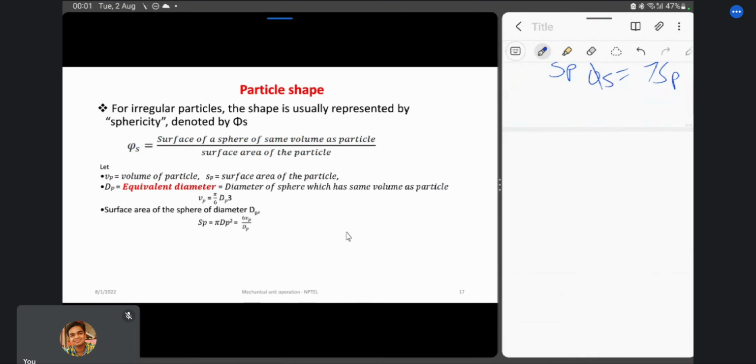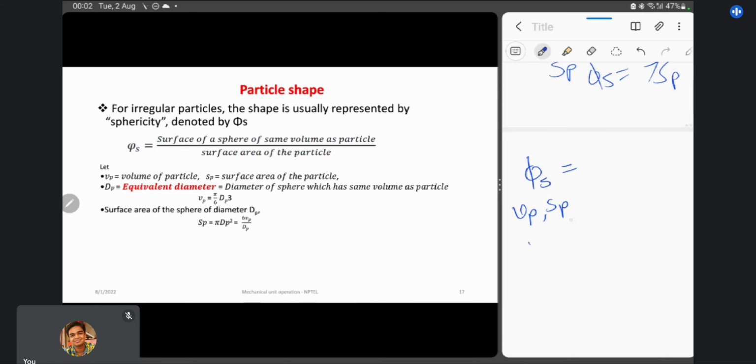Now, this is what we said theoretically, but how will it be represented? For phi s, the volume of the particle is denoted by Vp, and the surface area of the particle is denoted by Sp. Now the diameter of the particle is the equivalent diameter of the sphere.